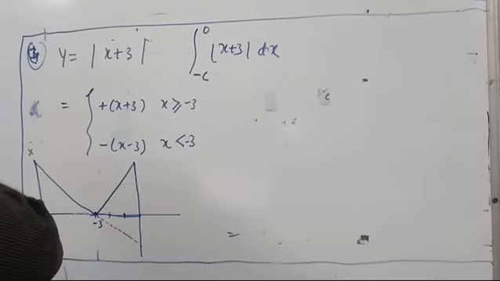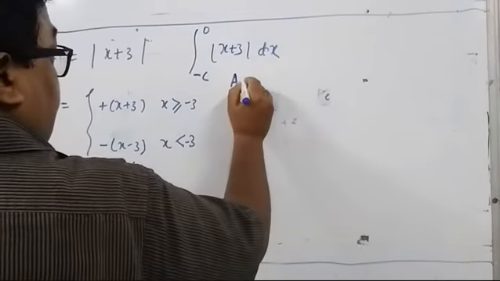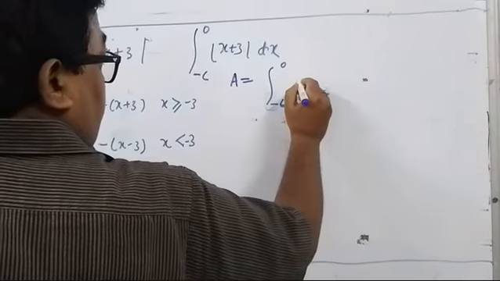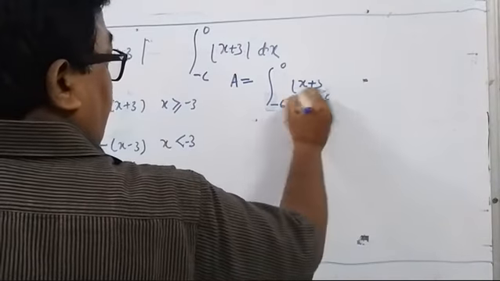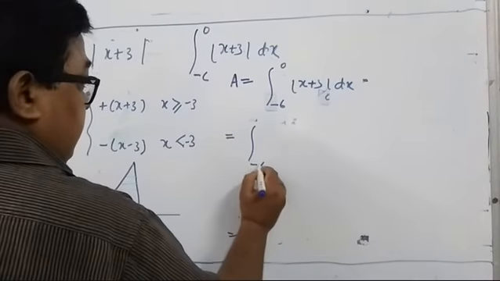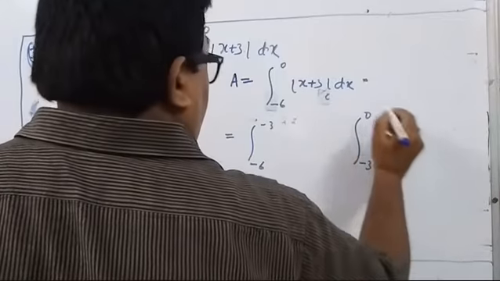Using the formula, area is equal to the integral from minus 6 to 0 of mod x plus 3 dx, divided into two parts: minus 6 to minus 3 and minus 3 to 0.